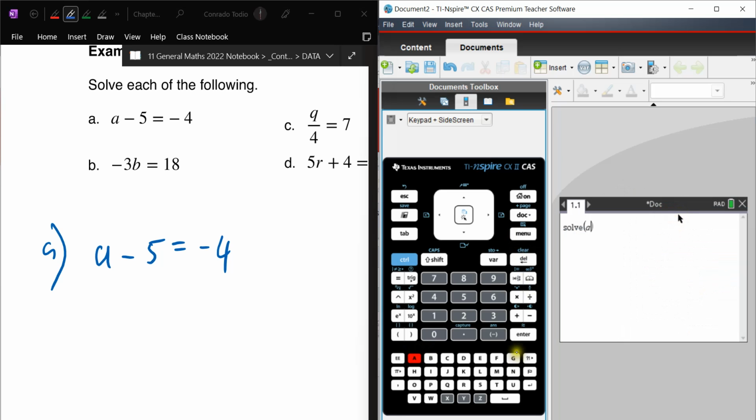A minus 5 equals negative 4, comma A. Okay, yeah, it does it for you. Easy. I've only done this before with 2 variables, but in this case, it's really easy.